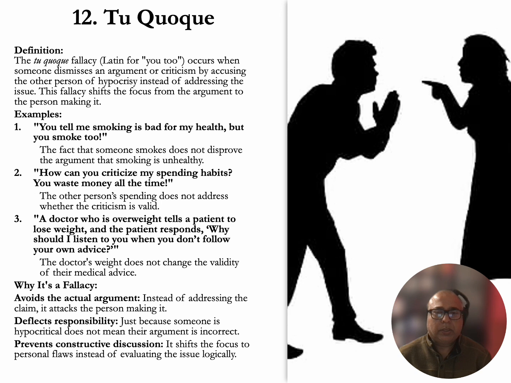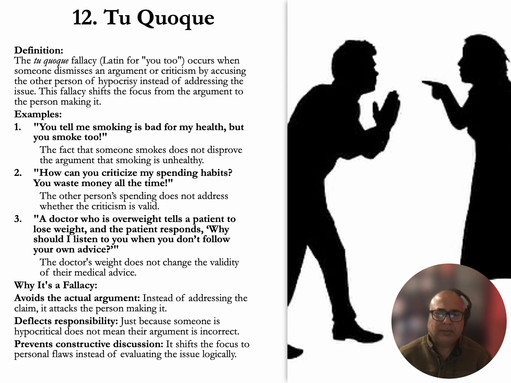Moving forward. Tu quoque. What is tu quoque? The tu quoque fallacy, it means you too, Latin for you too. It is akin to someone saying, well, I hit my child because you hit your child too.